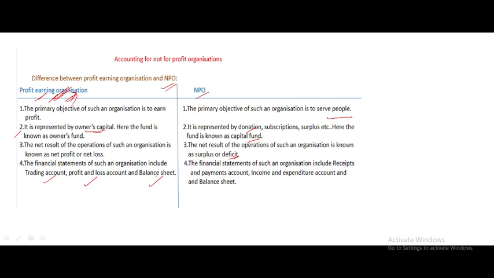But the financial statements of not for profit organization include receipts and payments account, income and expenditure account, and balance sheet.